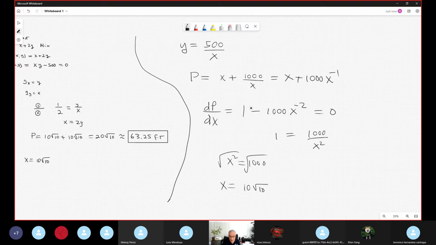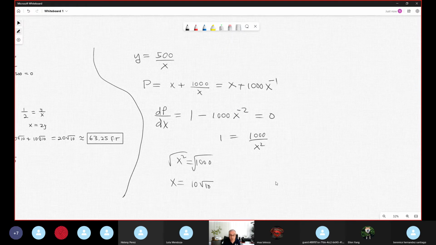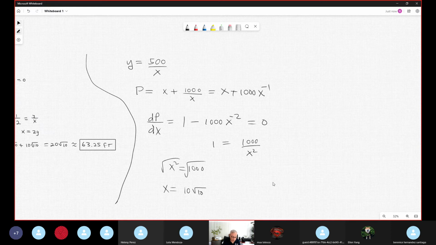But, Maximilian, the thing I want to illustrate for everyone is that in order to find si es mínimo o es máximo, you apply the second derivative test of the function que I expect to optimize. And for the second derivative, I differentiate this expression again.